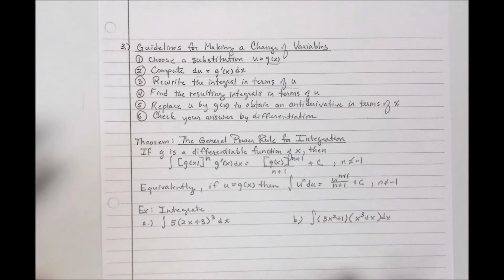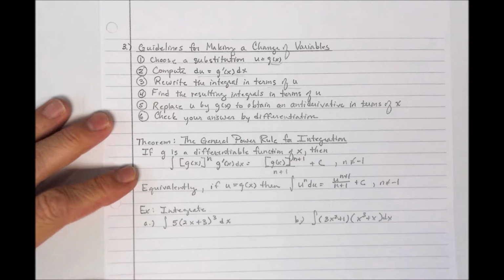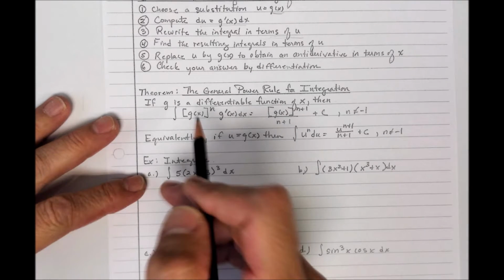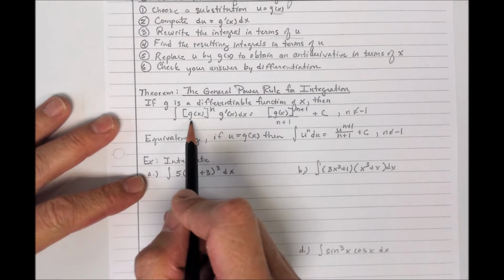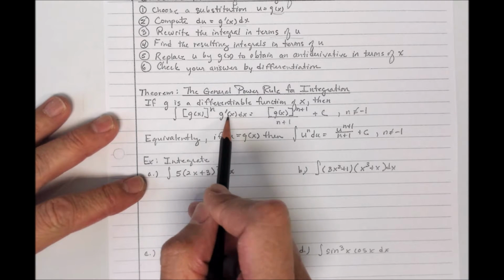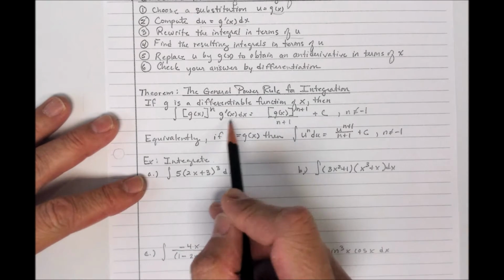Now, most of the problems that we have done that involve this have been something raised to a power. The something inside that's being raised to the power is my inside function, and that's what we call the general power rule. The general power rule says that if g is a differentiable function of x, and I am integrating g of x raised to the nth power g prime of x dx, that we just do the general power rule.